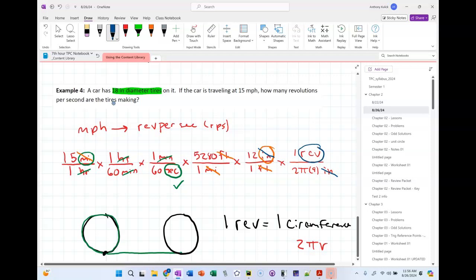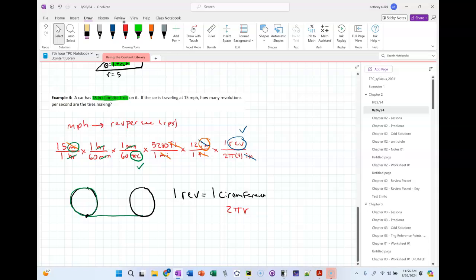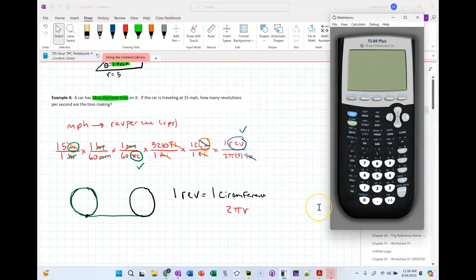And now what we have is revolutions per second, right? Everybody's good? The units match? They're what we were asked for. Now what we've got to do is punch the numbers through on our calculator. This is an excellent opportunity to practice using that horizontal fraction bar on our calculator. It'll make this life much easier. So I'm going to do alpha, y equals, and then pick option 1.